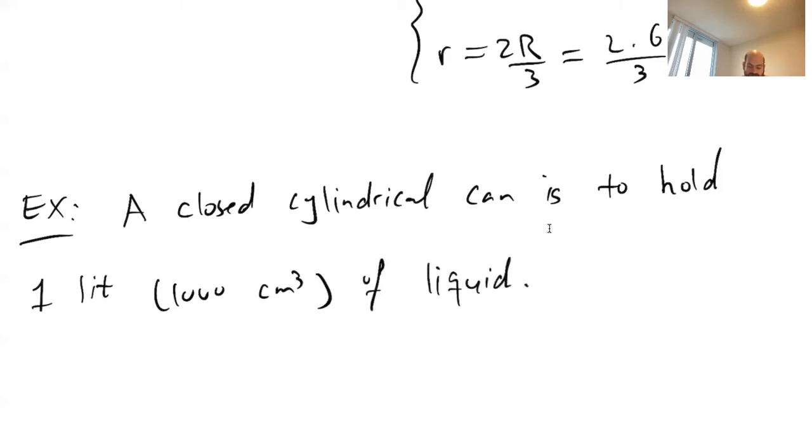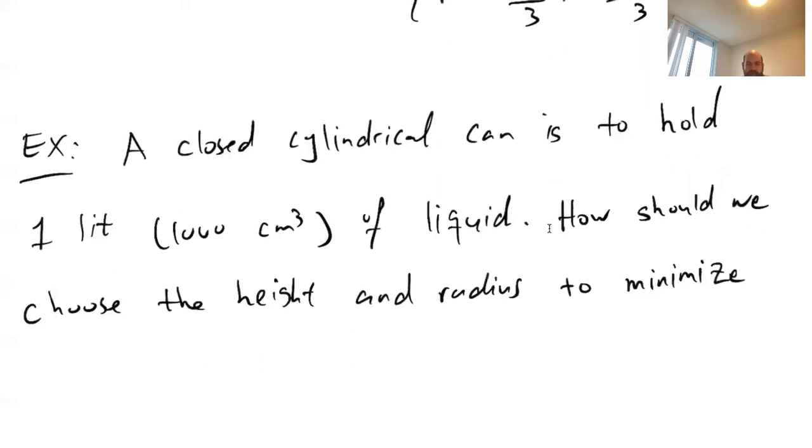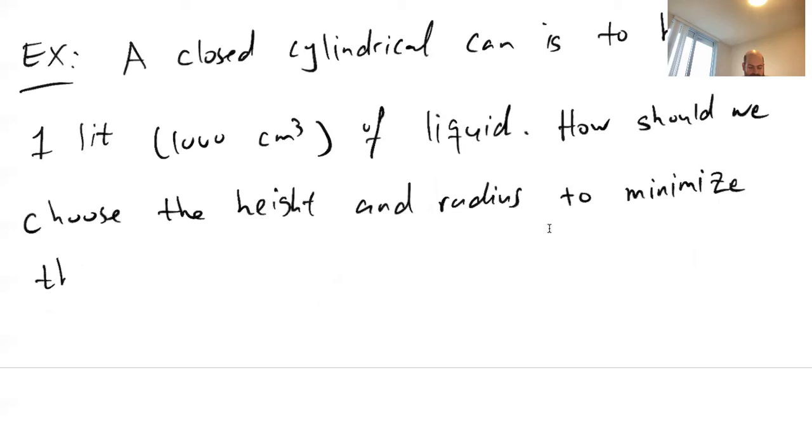How should we choose the height and radius to minimize the amount of material needed to manufacture the can?